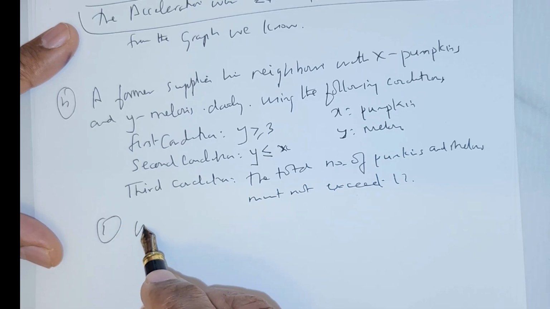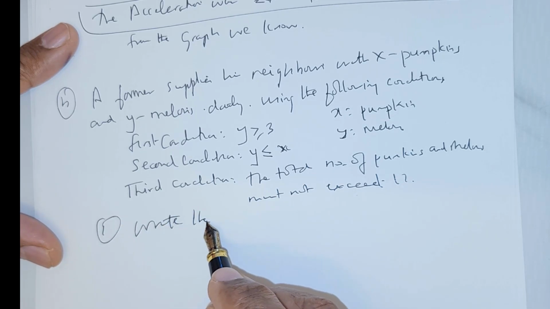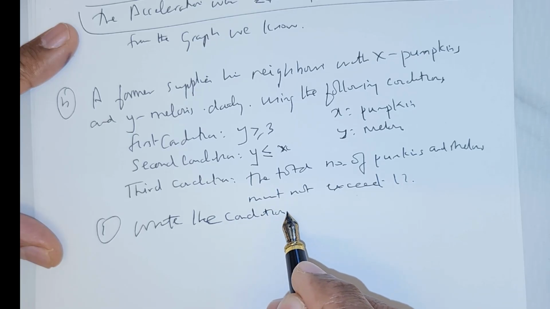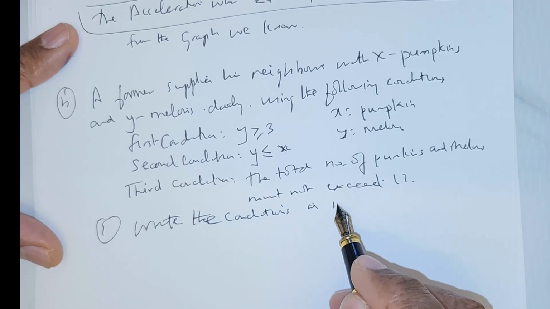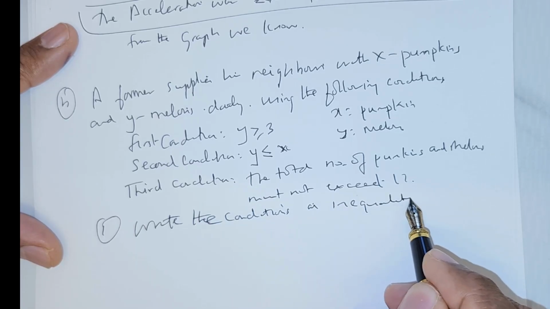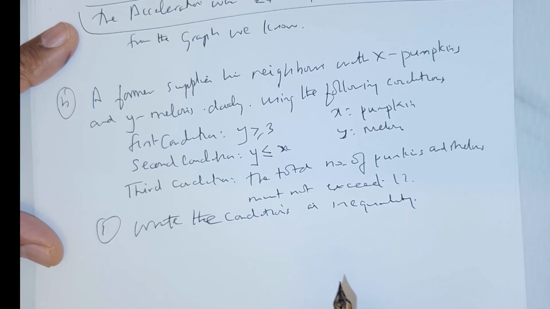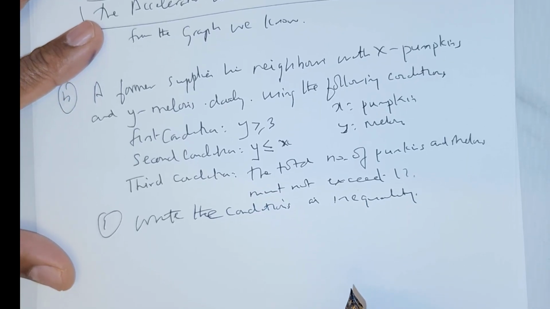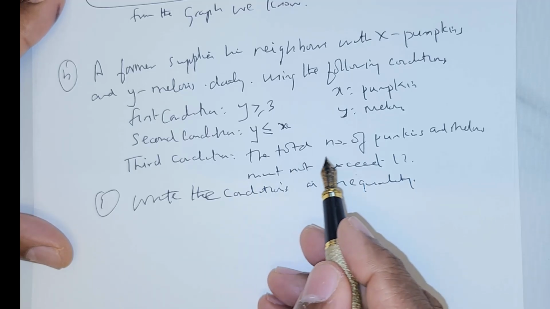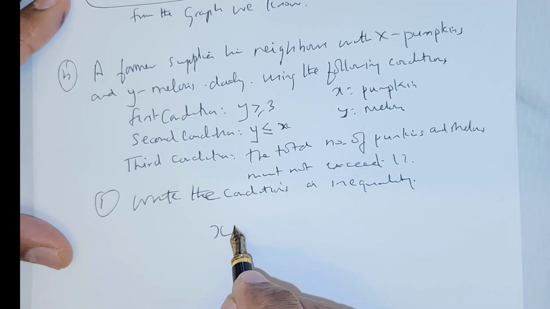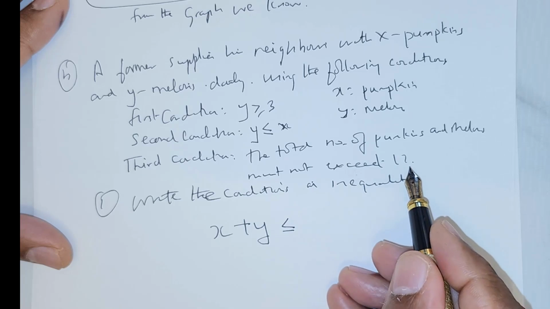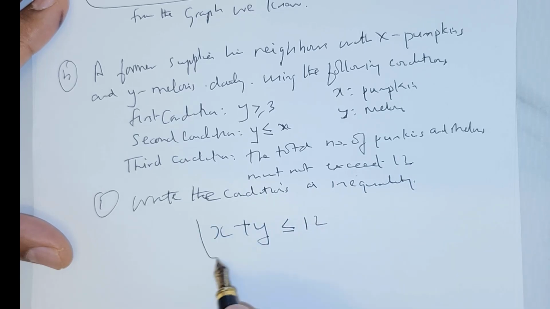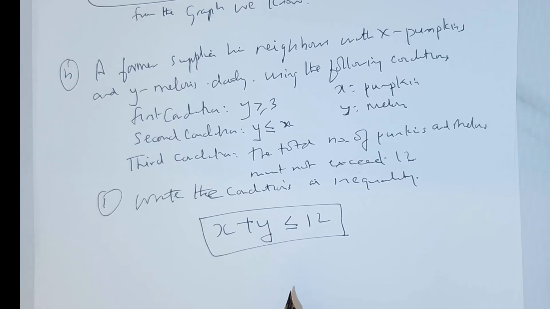Question: write the conditions as inequalities. So the total number of pumpkins and melons cannot exceed 12. So that is the answer for this question.